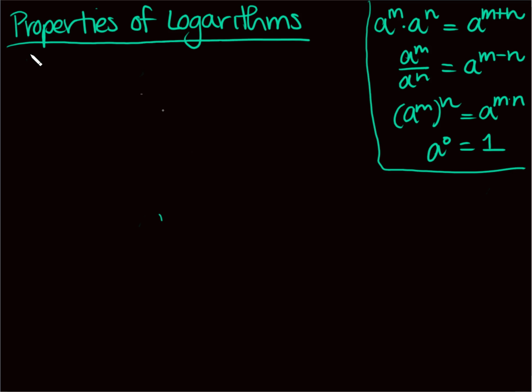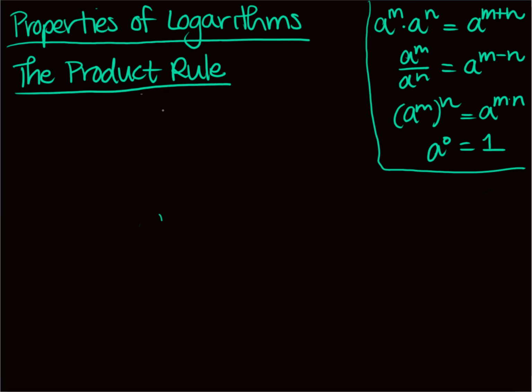I want to look at equations or applications. So there are a couple of rules. We're going to write these all down at once, and then I'm going to prove most of them to you, not perfectly, so don't freak out if it's not perfect. And then we'll put them all together and do some examples with them.